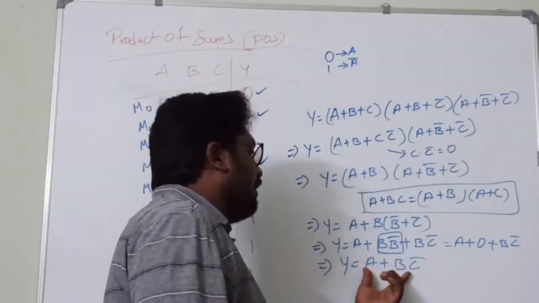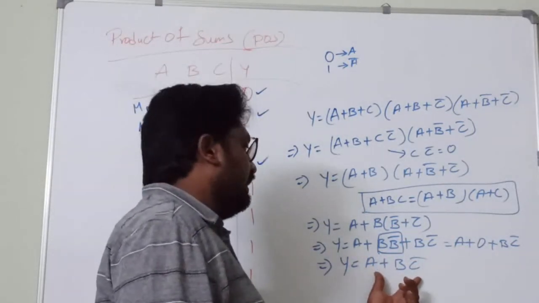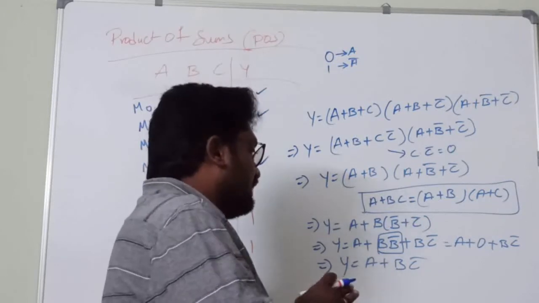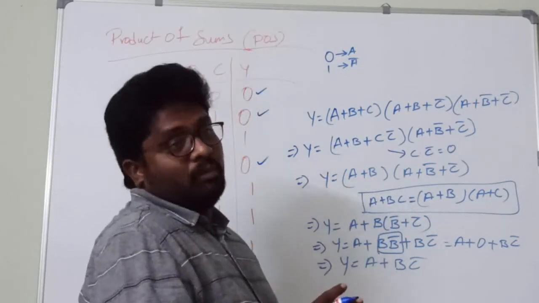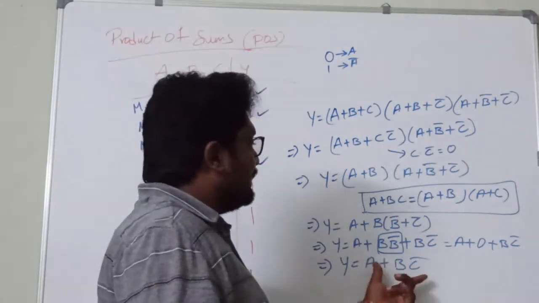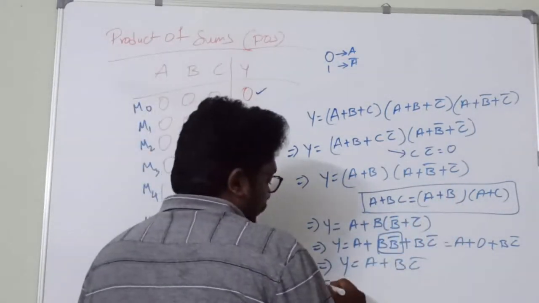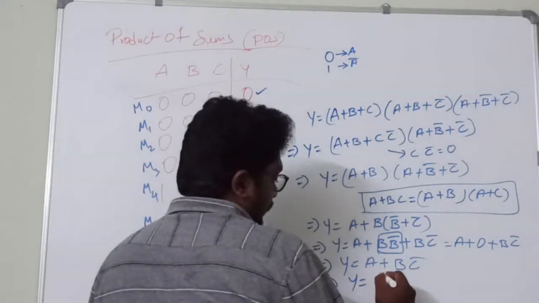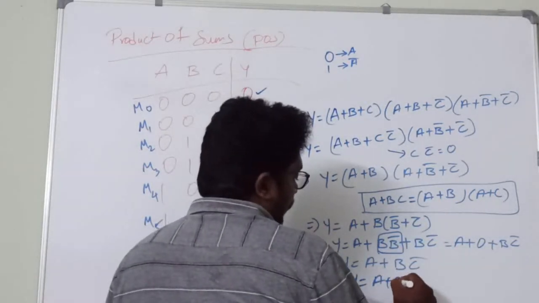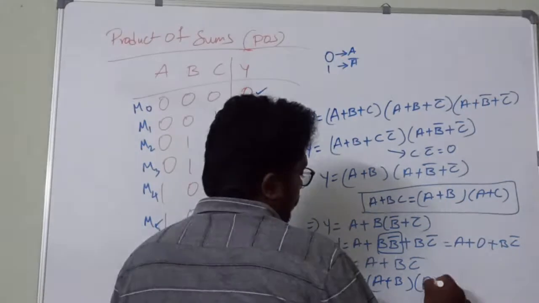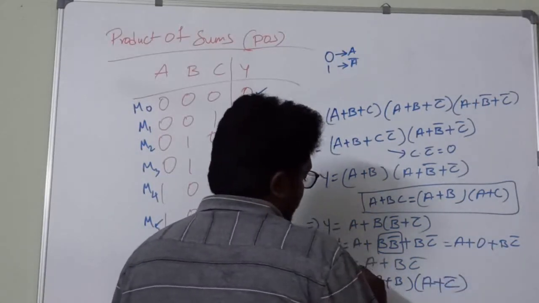But this is in the form of SOP, right? So now I need to change this to POS form. By using the same law that we have used here, the distributive law, the final expression becomes y is equal to A plus B into A plus C complement.